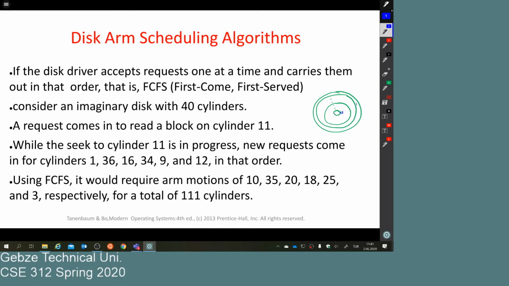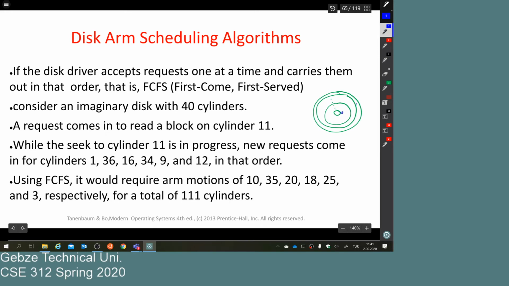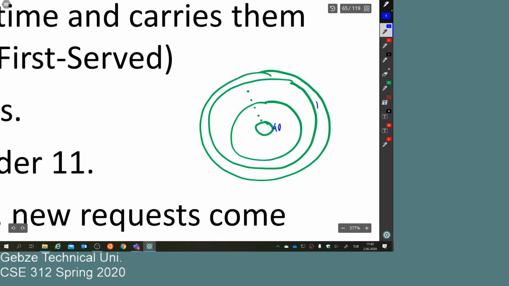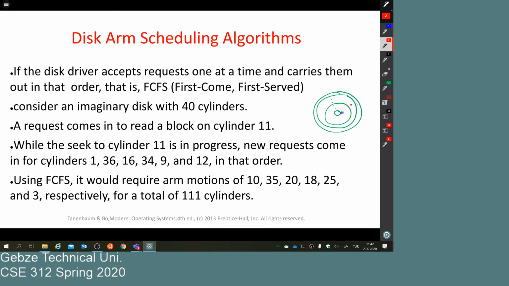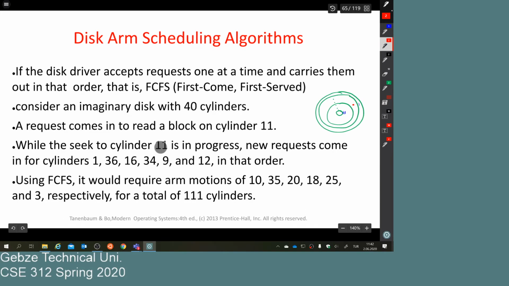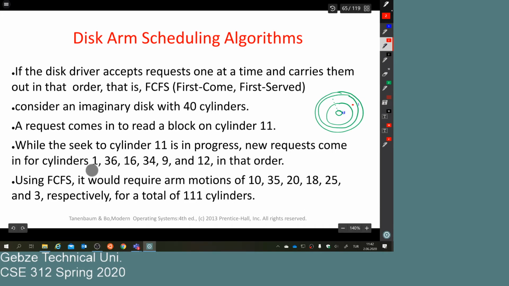If I use the first come, first served algorithm, let's say initially I am at track number 11. Then I need to first move my head to track number 1, then track number 36, then 16, 34, 9, and 12.